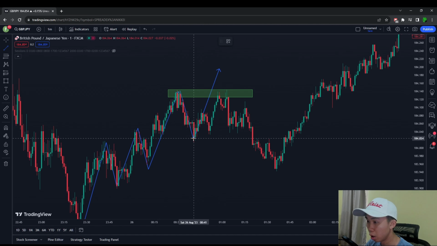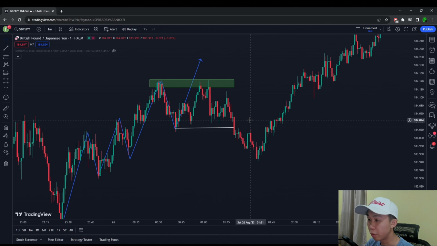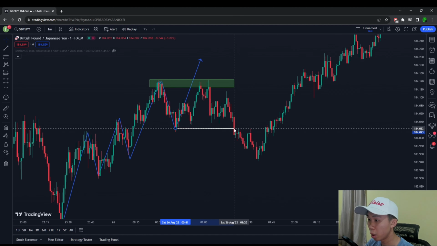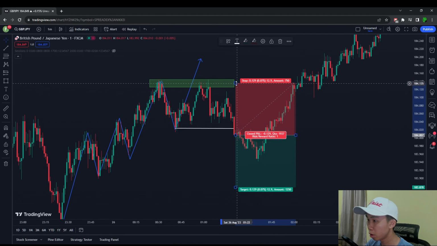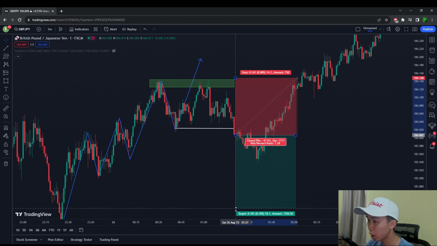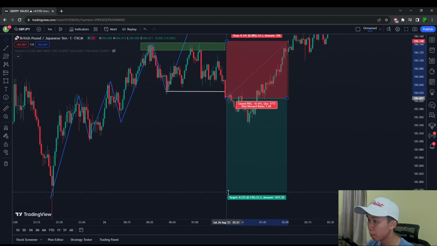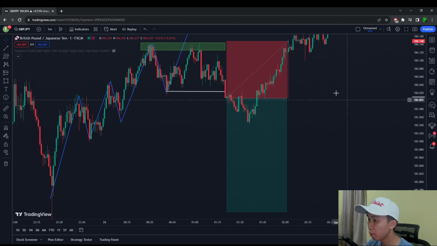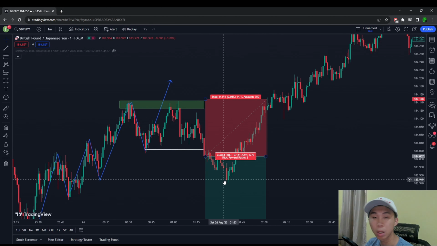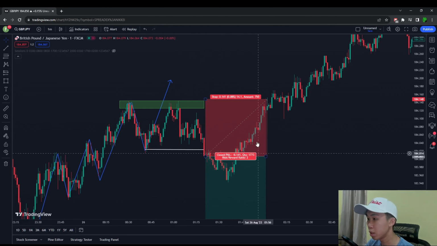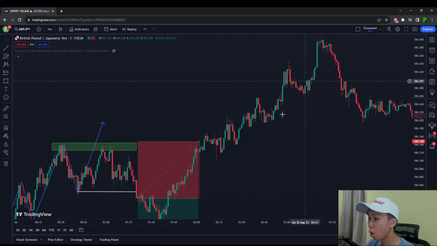But what happened? Look, we have a break of structure here, and many traders, if they don't know about inducements, will proceed to take a sell here, short, stop loss, and let's say a 1 to 2 risk to reward about here. Look what happened to price. Price came down, induced the sellers, trapped the sellers, and pushed the price all the way up.